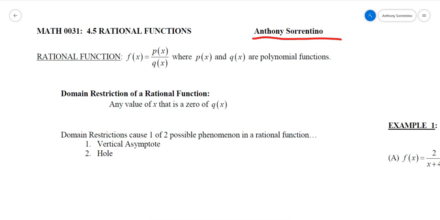Even if you have a graphing calculator, you might end up having just a partial picture of it, depending on where specific things occur with the graph. And if your window isn't zoomed on that, or if you're graphing it by hand and you're not choosing the right values of x to put into your function, you may not see the entire picture and end up thinking that the entire graph is something that it really isn't.